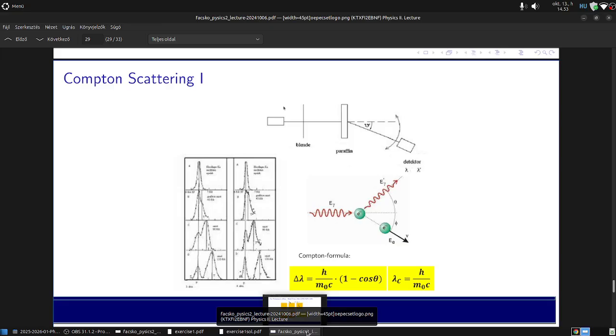That means 0, then 10. I hope I'm right. And this is nanometer. That's bad.